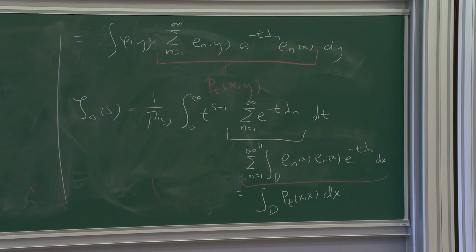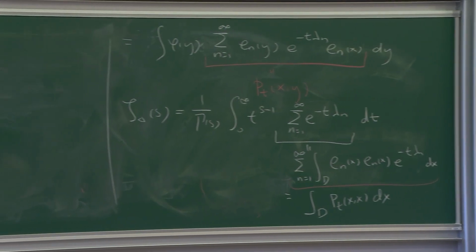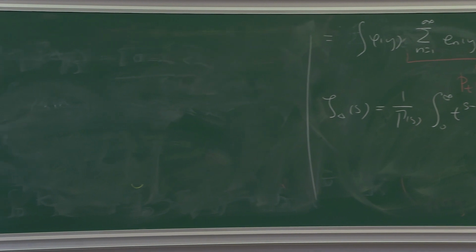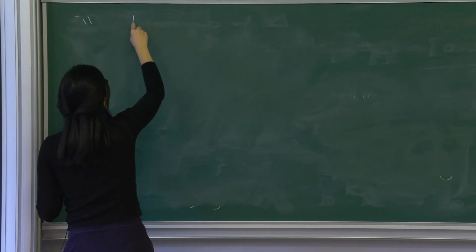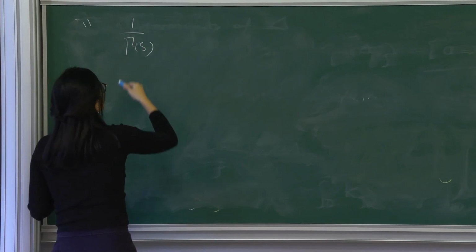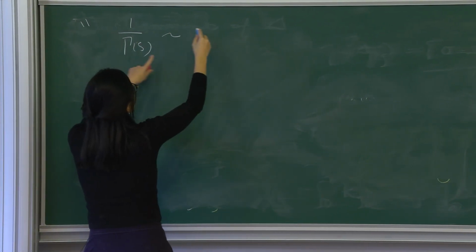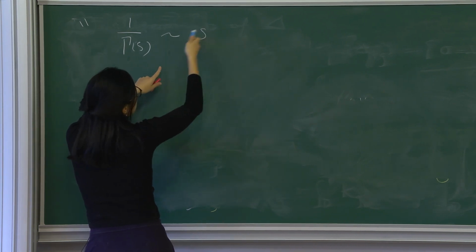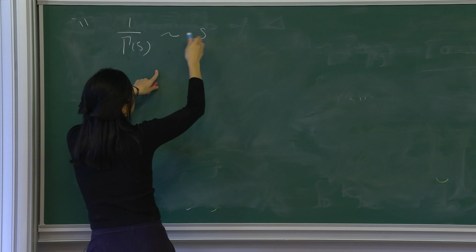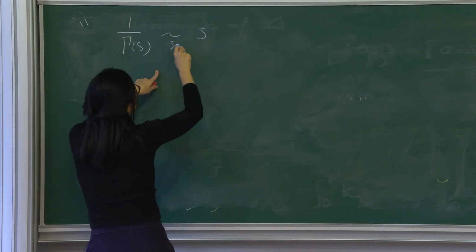All right, and we want to take zeta prime at 0. This is the heuristic part. If you look at the expansion of 1 over gamma of s near 0, the highest order is s, as s goes to 0.